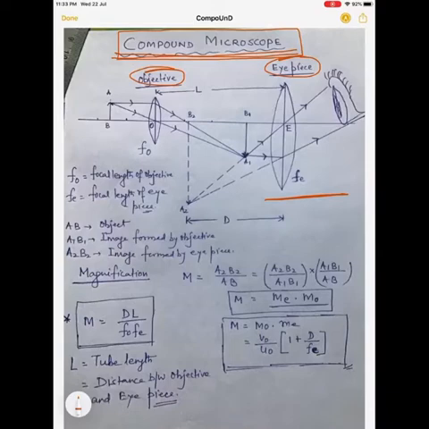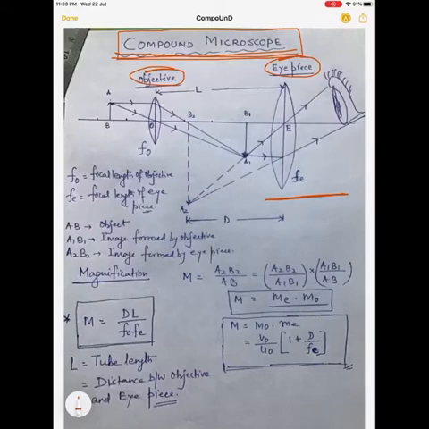Now if we remember the simple microscope, the object was placed between optical center and focus, and the final image was virtual, erect and large. It was a very large image, but the image was virtual, so that cannot be used as an object for the second lens.